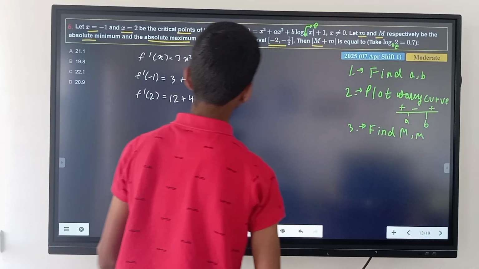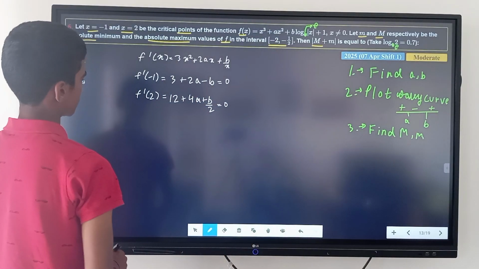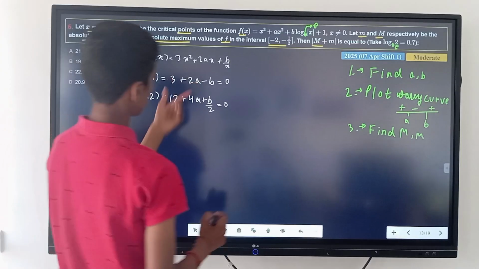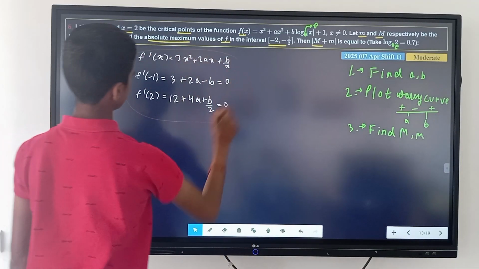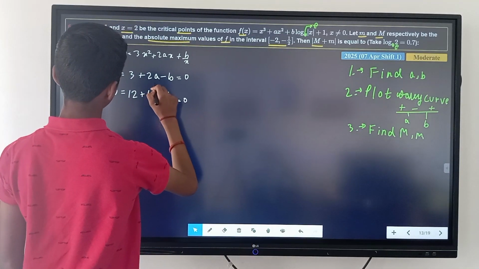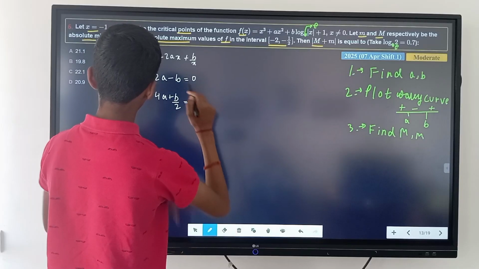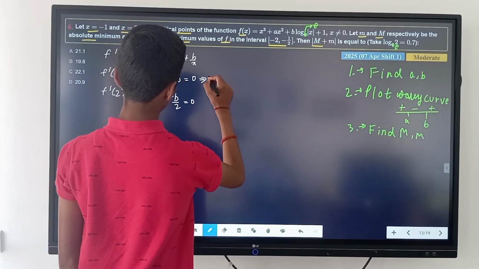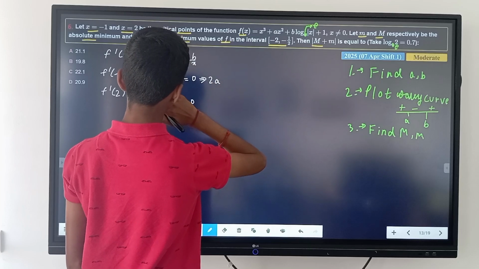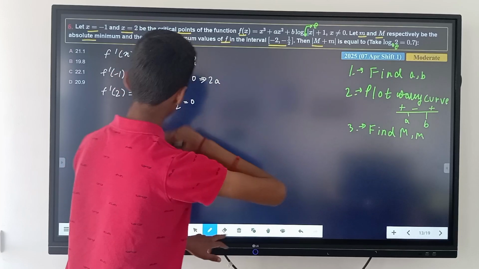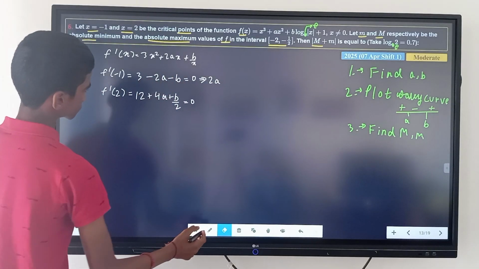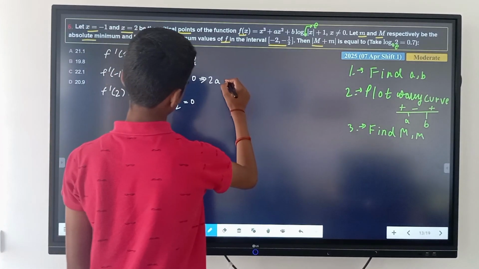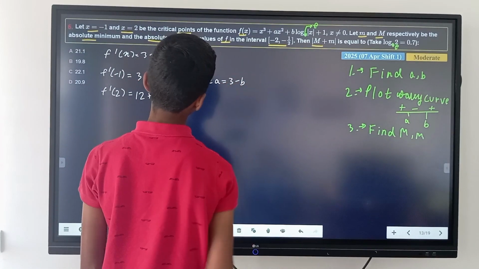Now from this first equation, from f dash -1 is equal to 0, from here we can say 2a, this is -2, sorry, 2a is equal to 3 minus b.